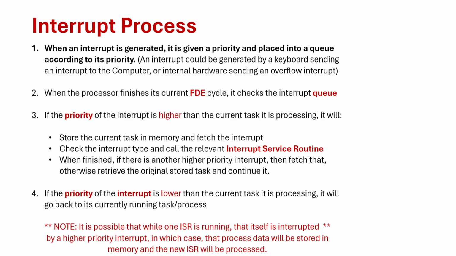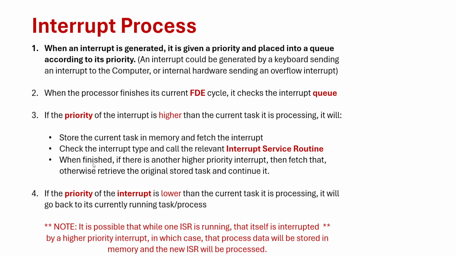We saw how we took the CIR and the program counter and put it in that special memory place. Then it fetches the interrupt. It checks that it's an overflow, and then it calls the relevant interrupt service routine. In reality, it looks up the starting address of that and loads it into the program counter.